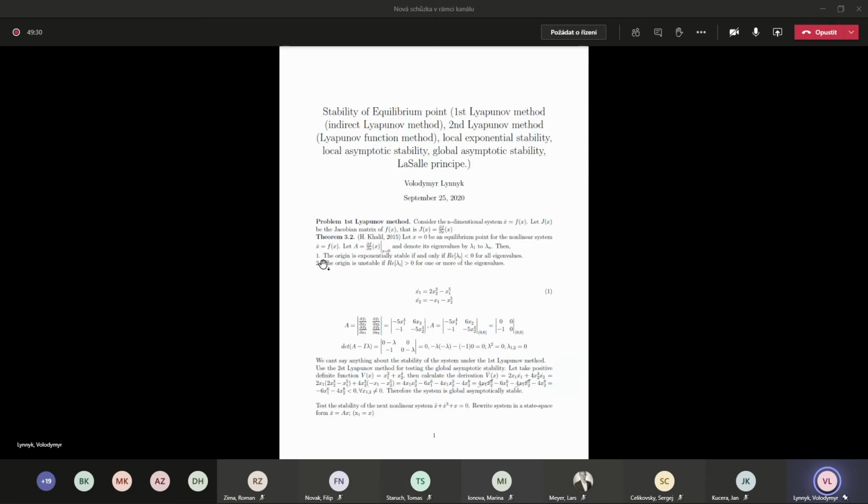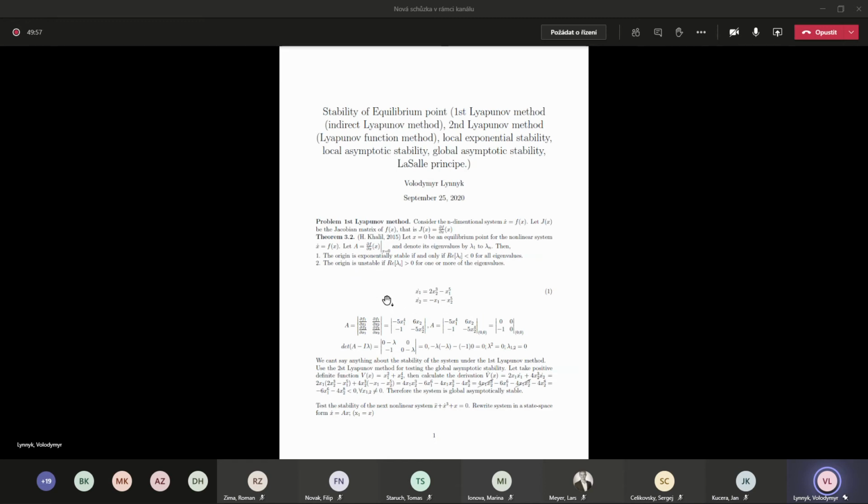Then the origin is exponentially stable if and only if the real parts of all eigenvalues are less than 0, negative, and the origin is unstable if the real part is positive for one or more eigenvalues.